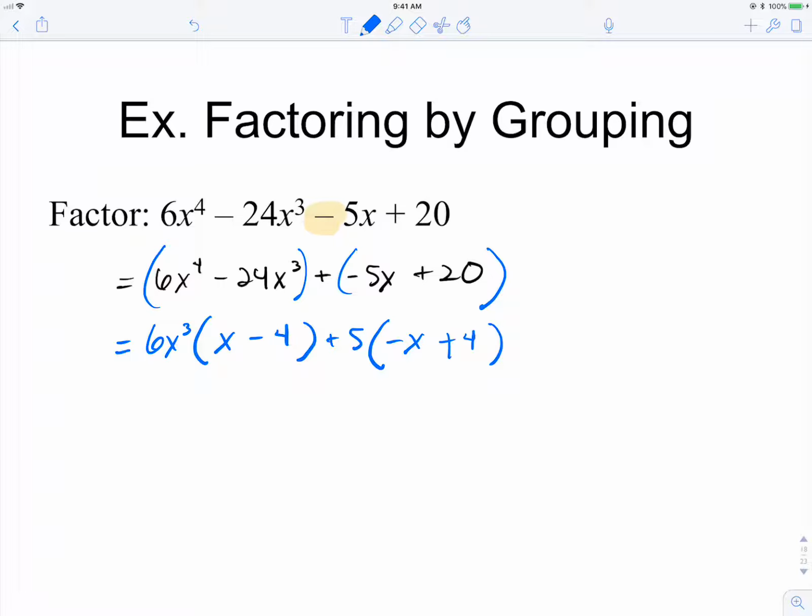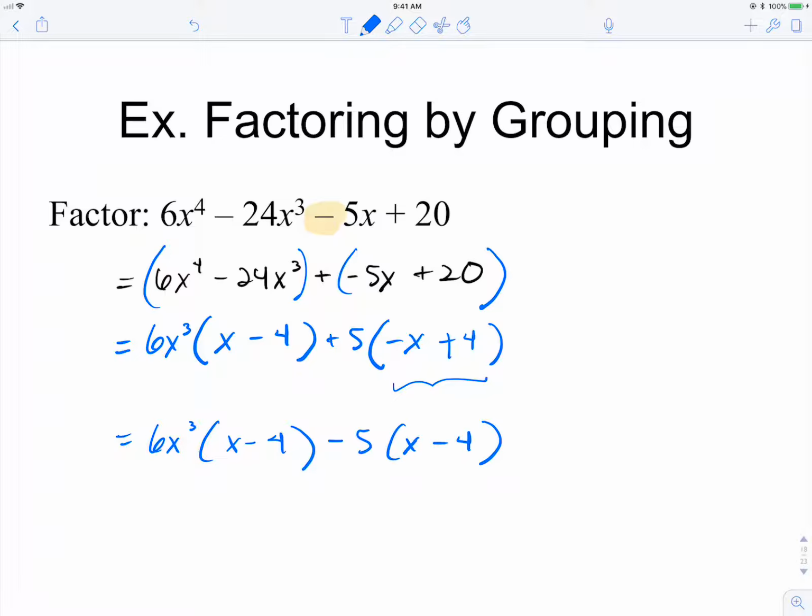Now, notice that these are not common binomial factors yet. They're slightly different. This is x minus 4. This is negative x plus 4. So the signs are different on the terms of the second grouping. So I'm actually going to factor out a negative 1 from this second grouping, so that I have minus 5 times x minus 4.